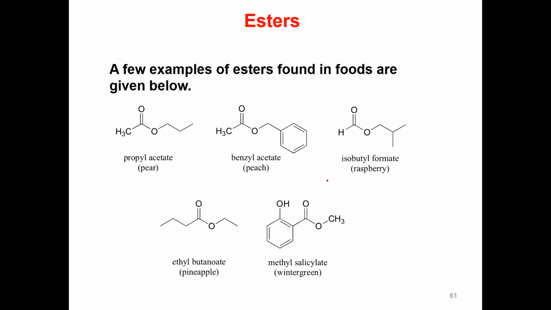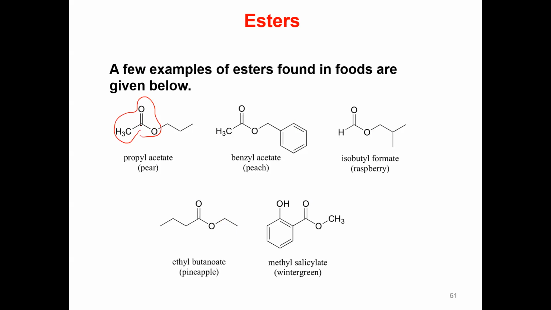So a few example of ester found in food are given below. So ester pun ada banyak lah dalam makanan. So contohnya adalah propyl acetate ataupun actually acetate tu is actually ethanoate. Okay, nampak ni this side is ethanoate. Okay, propyl ethanoate ataupun propyl acetate can be found in a pear. Okay, buah pear.